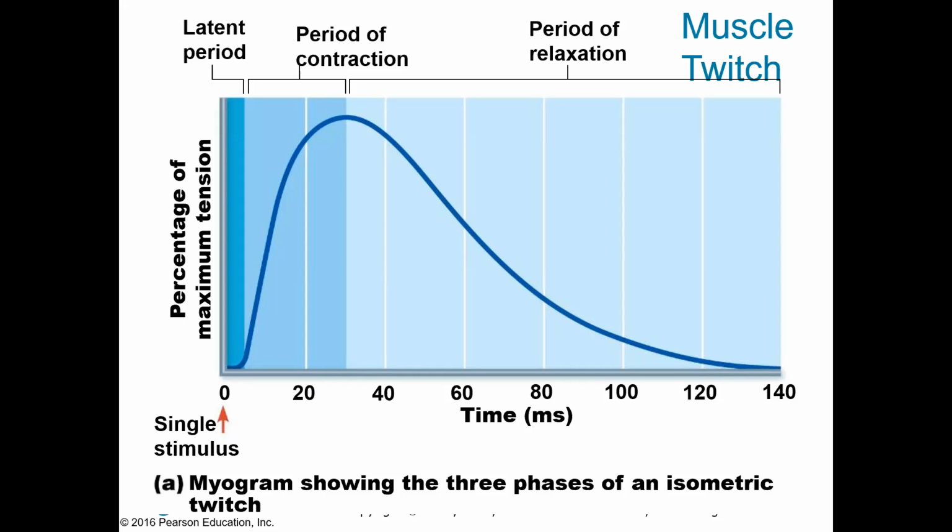Now, our muscle cells don't generally operate this way because we don't do a one and done. If we're going to generate an action potential, our muscle cells will generate an action potential followed by another action potential followed by another one. We just don't send one signal out to a cell and no other cells.